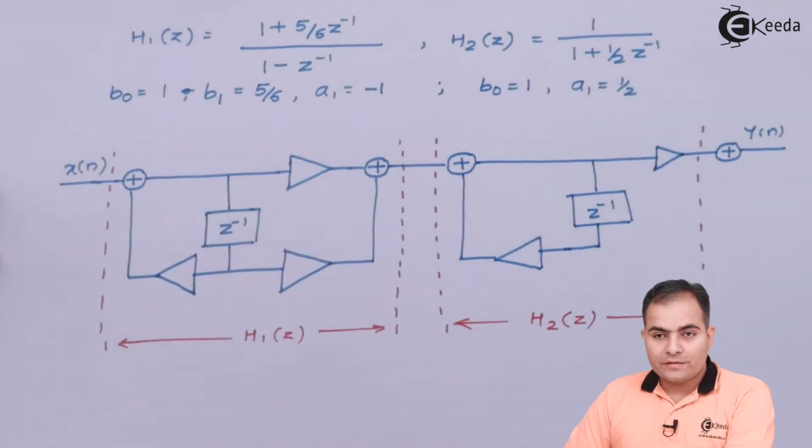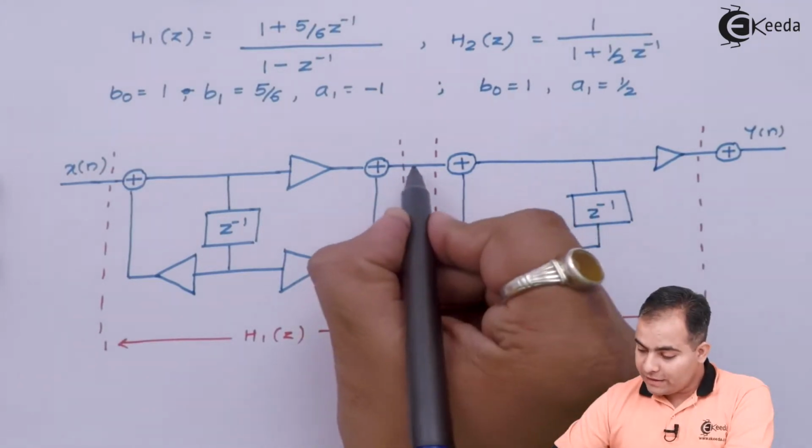This is my H1(z) and the next part is my H2(z), and both are connected in series, or in cascade.